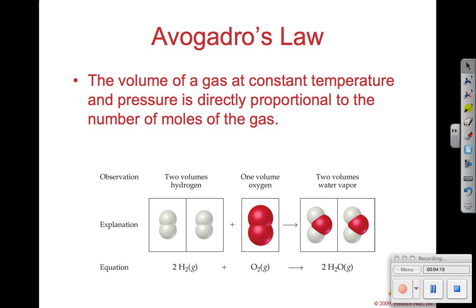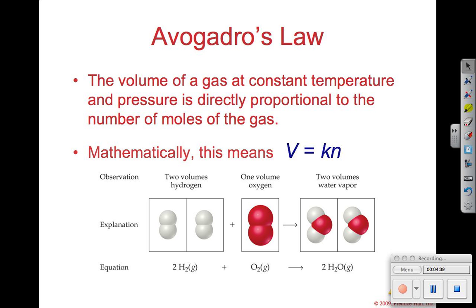And it doesn't matter if it is the heaviest gas in the world or the lightest gas in the world, you're still going to have those same values. It's going to be constant. And so it became this direct relationship between the volume of a gas at constant pressure and temperature and how many moles of that gas you have. So if you have half a mole, you're going to have half that volume.